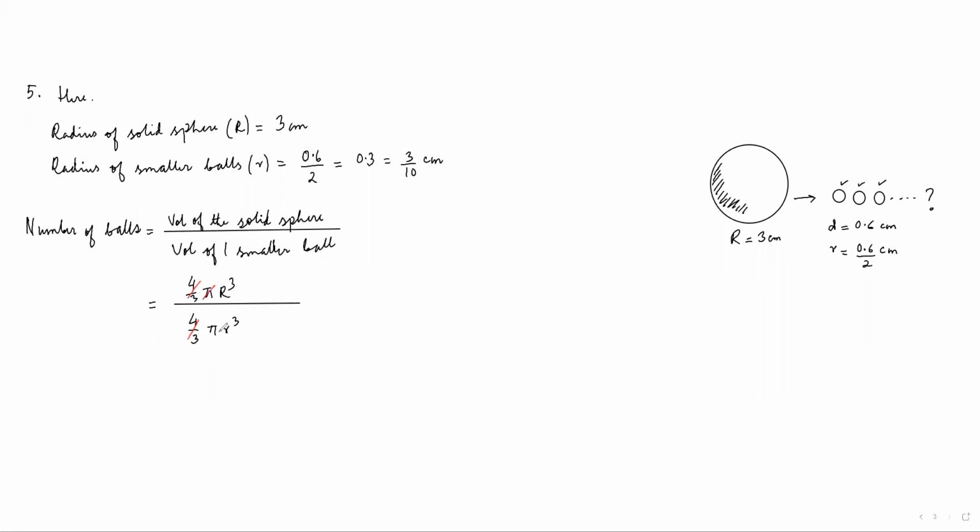So it is capital R cube divided by small r cube.